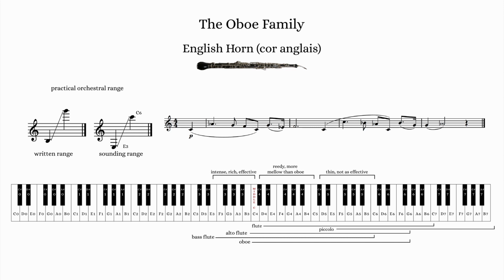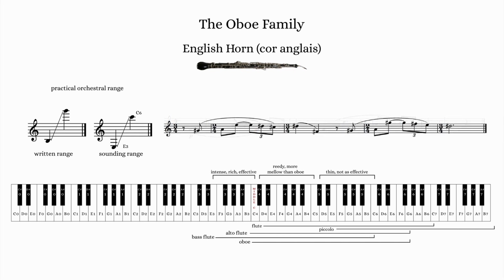The middle register sounds more like the oboe with a reedier, thinner timbre. The highest register, like the highest notes of the oboe, is very thin and not as effective in orchestral writing.